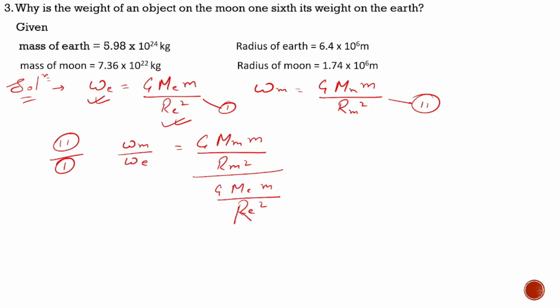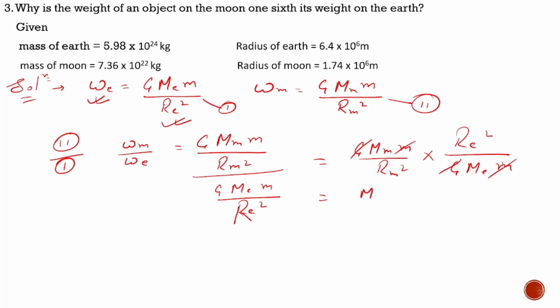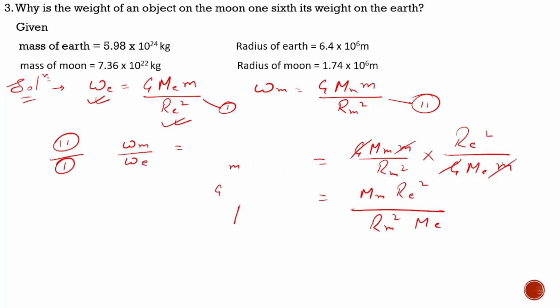Taking the reciprocal of the denominator, G M_m into m by R_m square multiplied by R_e square over G M_e into m, G will be cancelled out. What will be the remaining terms? Mass of moon into radius of earth whole square divided by radius of moon square multiplied by mass of earth.